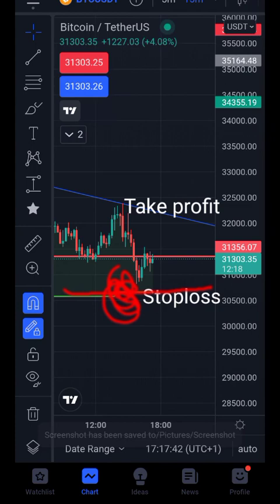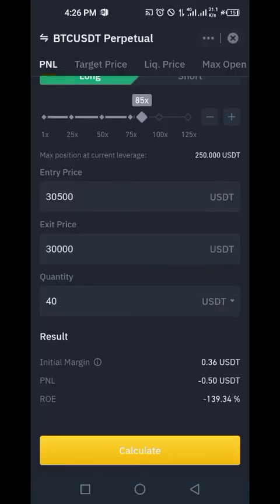But if the price gets there and it doesn't touch the stop loss, there is a possibility that it reverses back and still goes in your favor. I hope you get that. So what if you have been liquidated before you get to the stop loss? That means before you get to the stop loss, it just reversed after already liquidating your position. That means you just lost money unnecessarily.